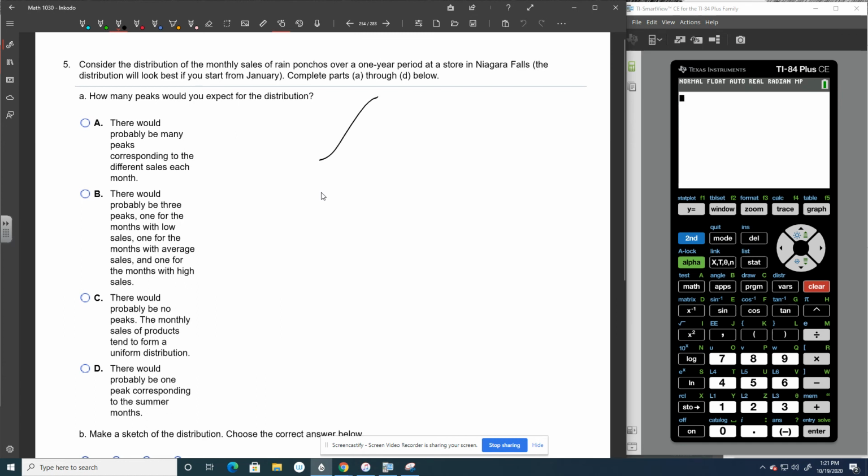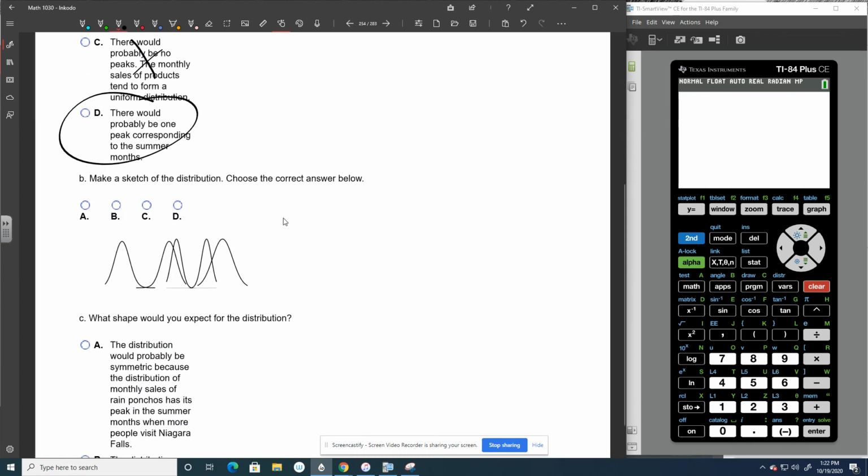So I would guess that we're going to get a big peak in the summer months. And I just would expect that one peak. I wouldn't expect another one. So I would say there's probably going to be not many, not 3. There is going to be a peak. I would expect there to just be one corresponding peak to the summer months.